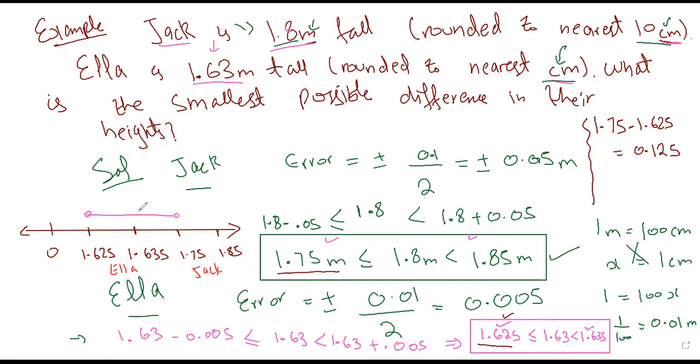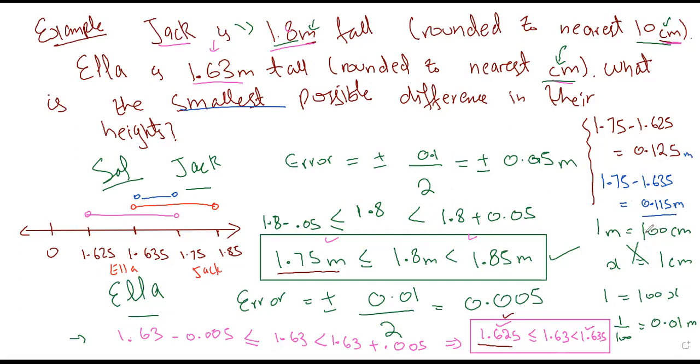One combination was this, other one could have been this, but the correct choice, the smallest possible difference, would come if we choose this and this. 1.635 and 1.75? Yes, very good. Okay, so 1.75 minus 1.635 is going to give us what? 0.115 meters, right? Yes, 0.115. So this is the answer.